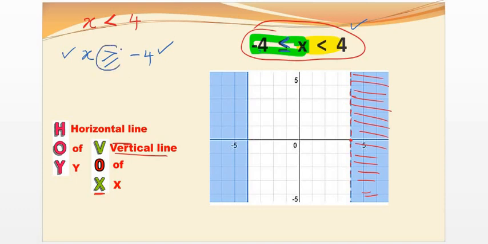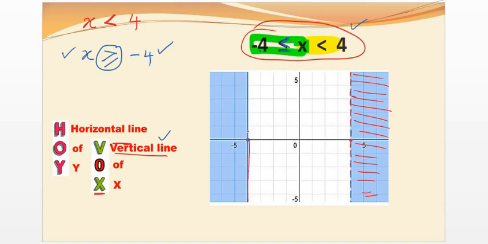Now look at the symbol here. It says that I have to draw a solid line, and because the inequality is in x, I have to draw a solid vertical line at negative 4. So here we have negative 4. Then you will draw a solid line over here, as you can see I have already drawn it.